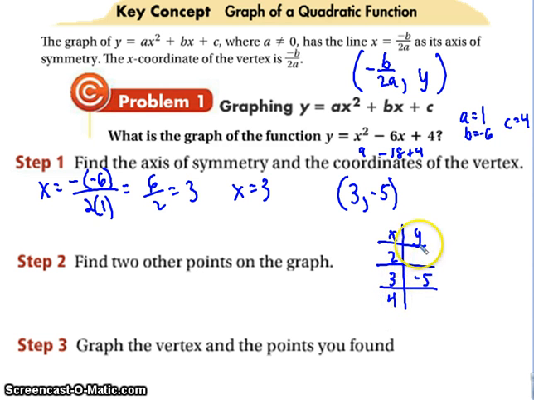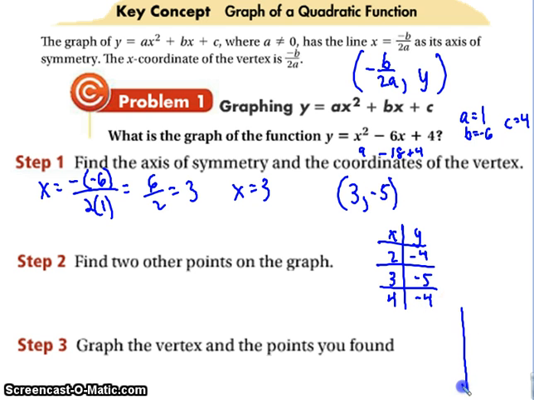Now the beauty of this is that I only have to do half the work, because if I plug in a 4, that's going to give me the same answer as if I had plugged in a 2. So I'm going to plug in a 2. I get 4 minus 12, which is negative 8. Negative 8 plus 4 is negative 4. Then I should get negative 4 for 4 as well.